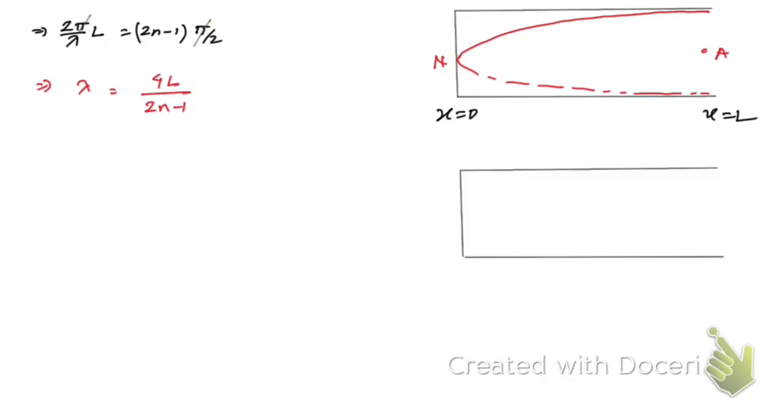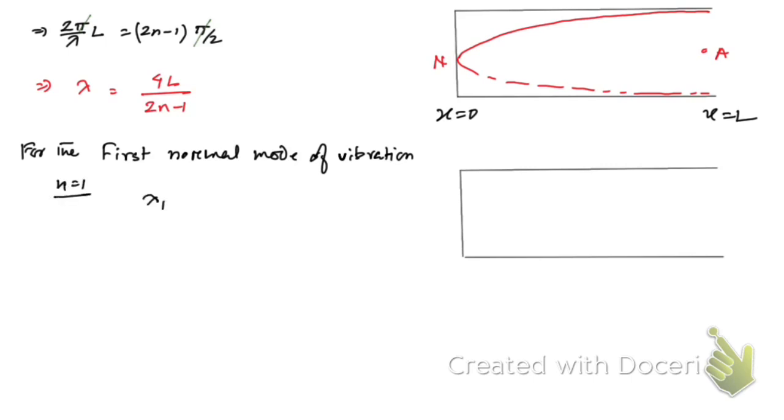Okay, now you see, for the first normal mode of vibration, we're going to put n is equal to 1, and then we're going to get lambda 1.